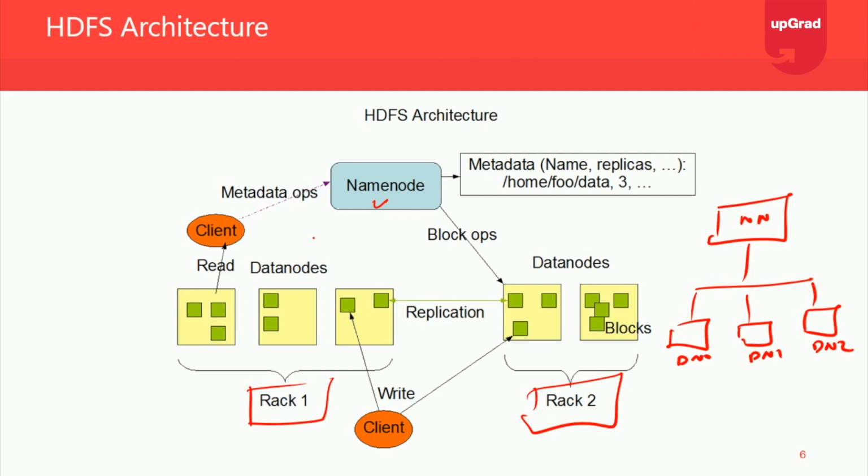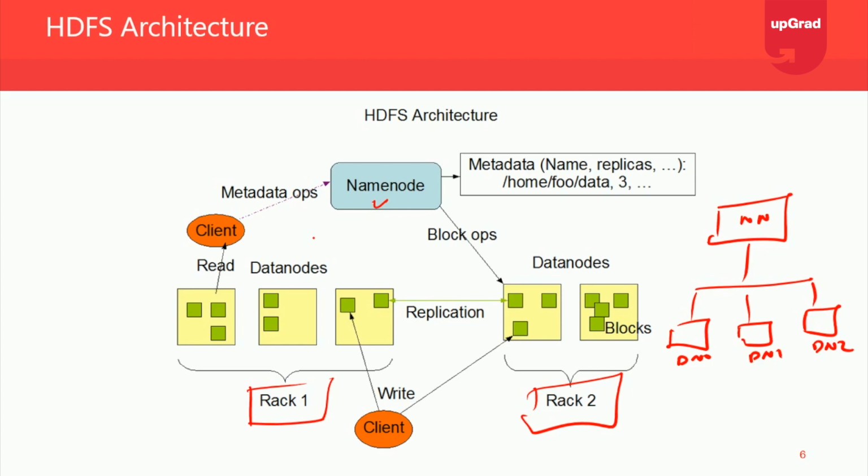Now, let us explore this architecture in more detail. There are a number of data nodes, usually one per node in the cluster, which manage storage attached to the nodes that they run on. HDFS exposes a file system namespace that allows user data to be stored in files. Internally, a file is split into one or more blocks, and these blocks are stored in a set of data nodes, as I mentioned earlier.